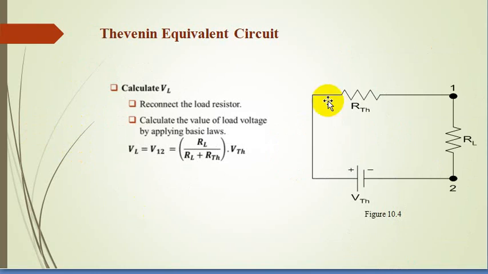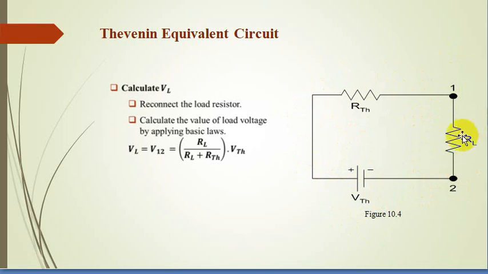So here is the final form, your Thevenin equivalent circuit, in which you are connecting a V Thevenin source with the R Thevenin in series, and after that you reconnect your load resistance that was removed while calculating the R Thevenin or the V Thevenin.